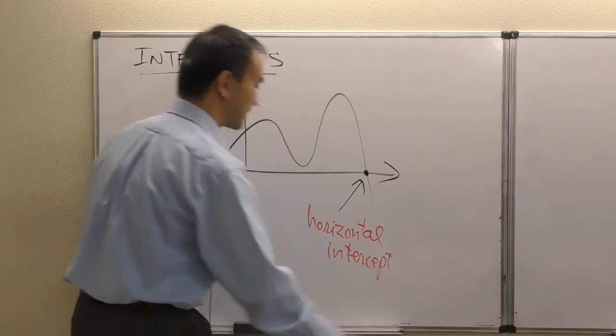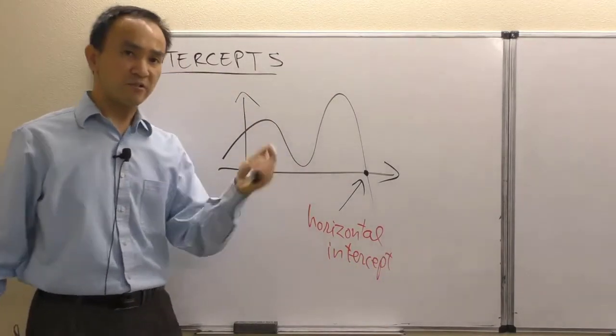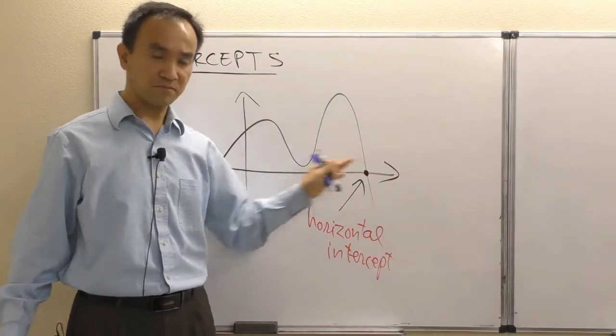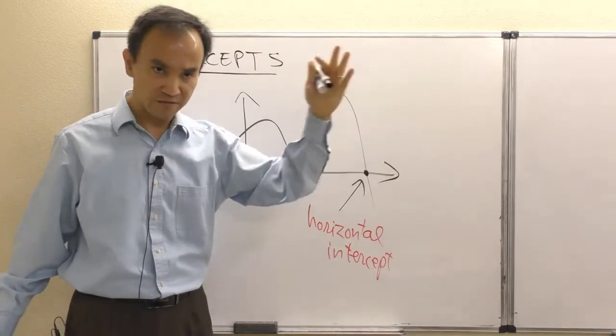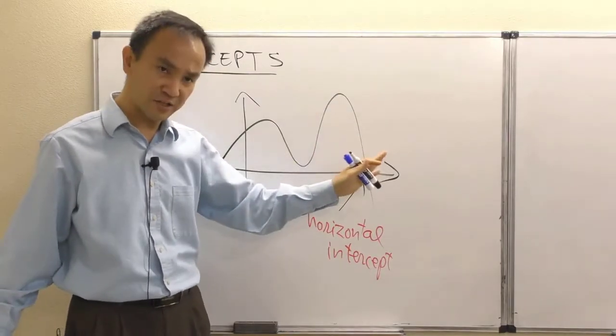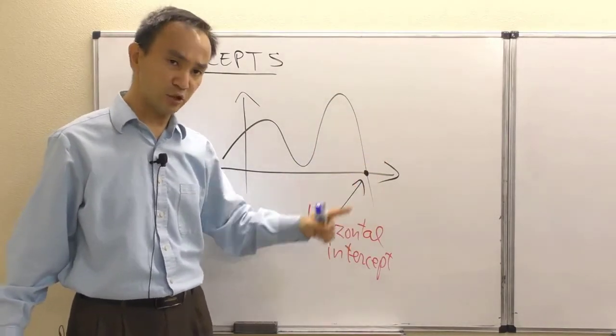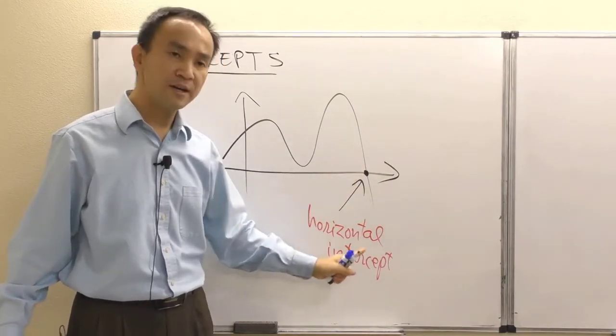Any graph of a function, not only a polynomial, will or will not hit the x-axis, the horizontal axis. So we call that the horizontal intercept.